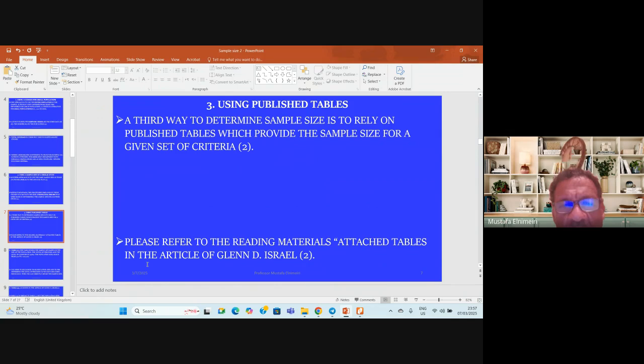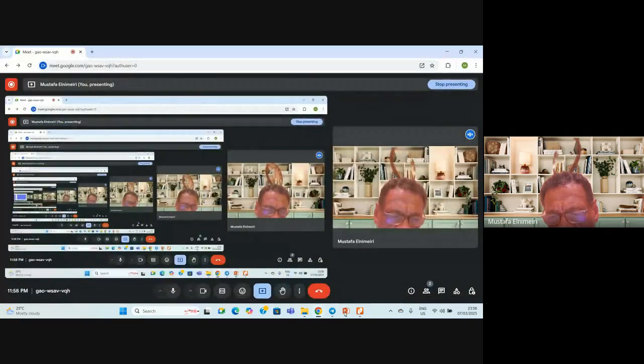Then we can talk about using published tables, and this is very important to consider to determine the sample size: to rely on the published tables, which provide the sample size for a given set of criteria. Here we have an important reference, which is the article of Galen D. Israel of University of Florida.